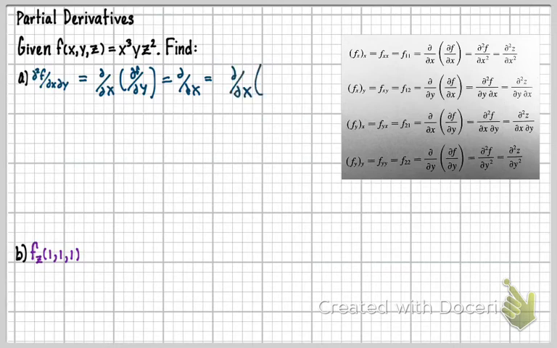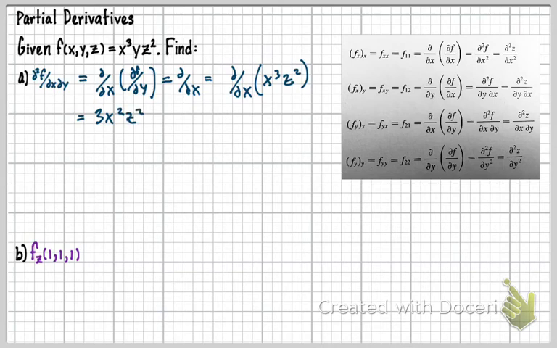I have to make sure it's equal. So I have to write x cubed z squared. So now, if I'm going to do the derivative with respect to x, that means this is my variable, and the z squared is a constant. So I'm going to bring that 3 down. So now that's going to be 3x squared z squared, and that's my final answer.